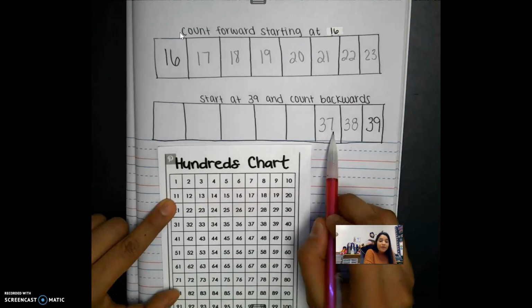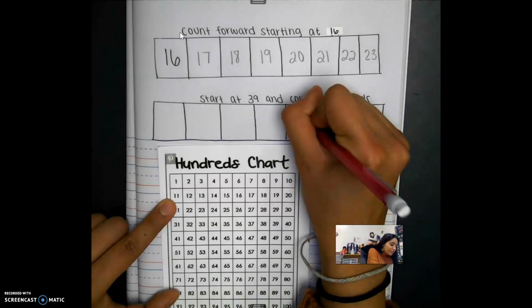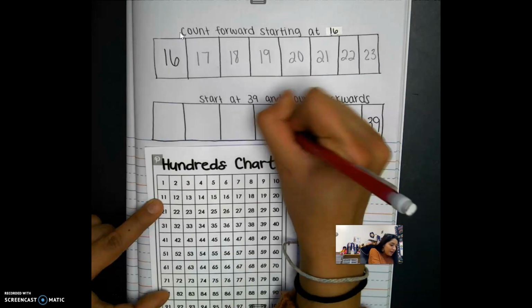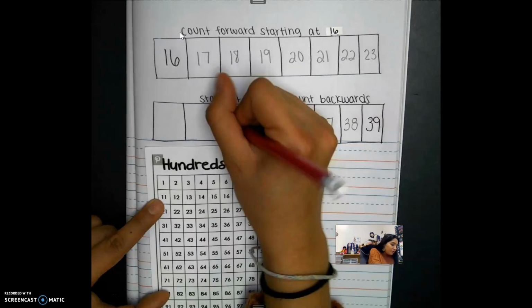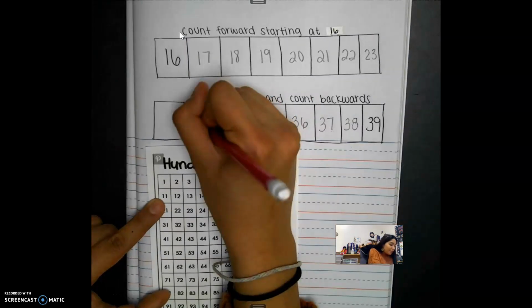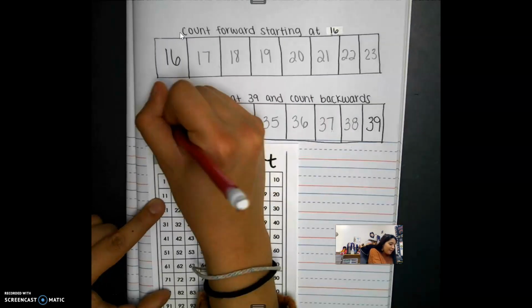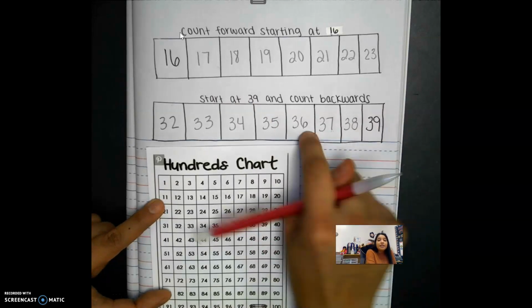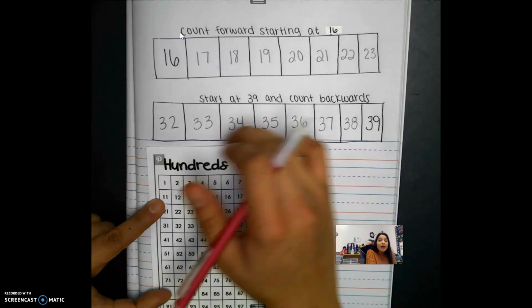So 37 and then 36. We'll keep going backwards. 35, 34, 33, and 32. So I have a number in each box and I counted backwards.